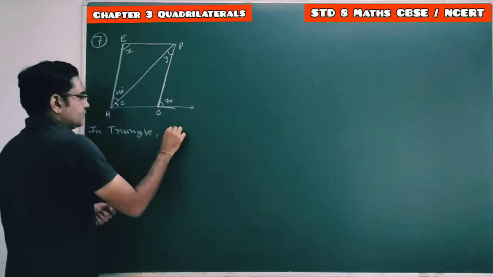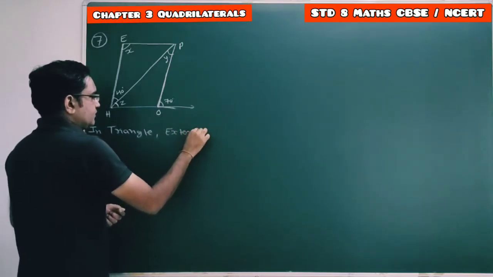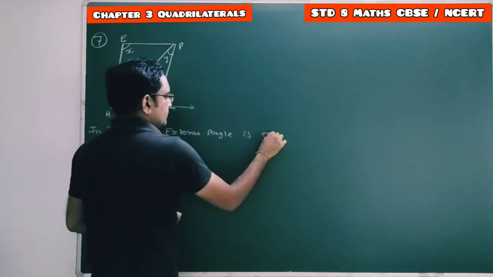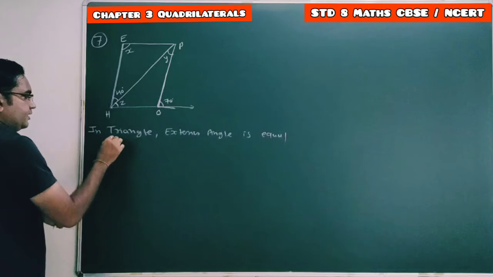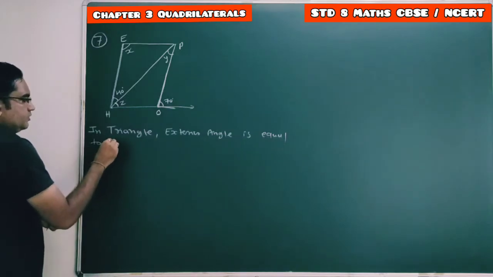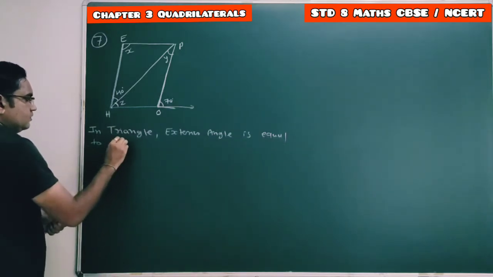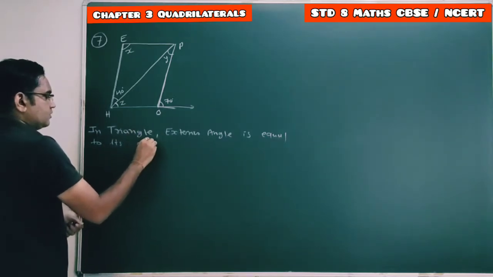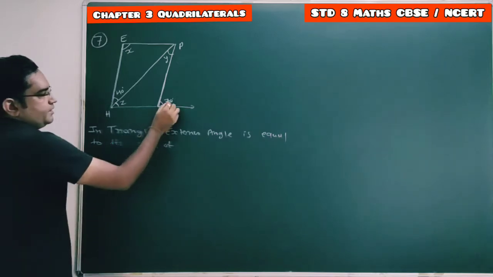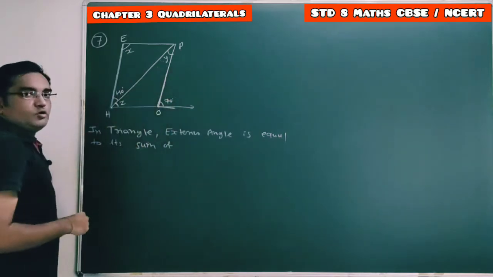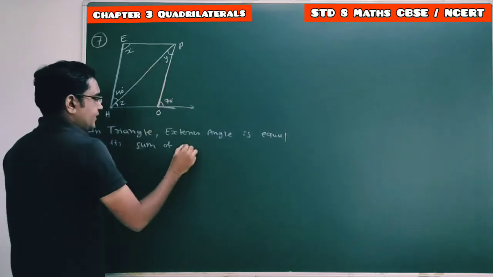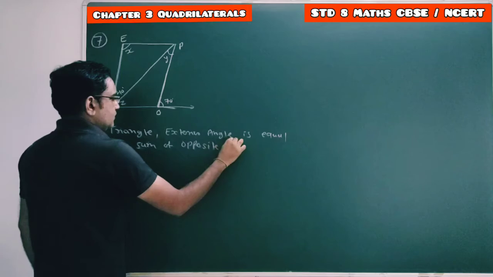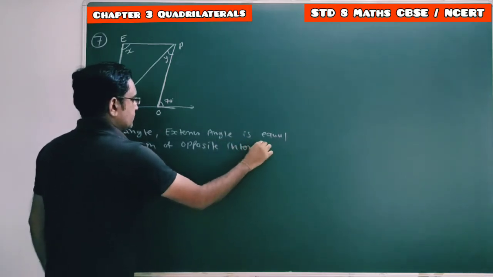the exterior angle is equal to the sum of its opposite interior angles.